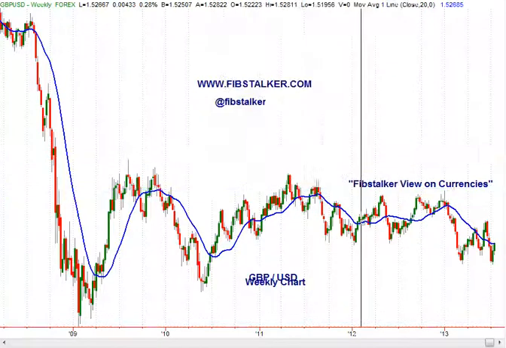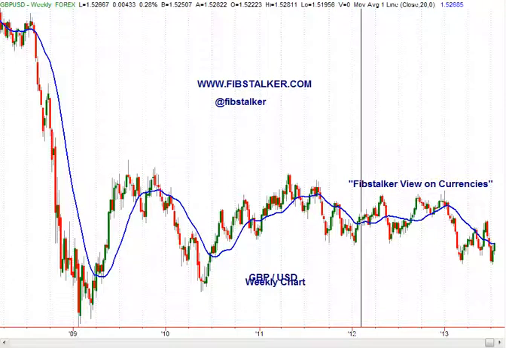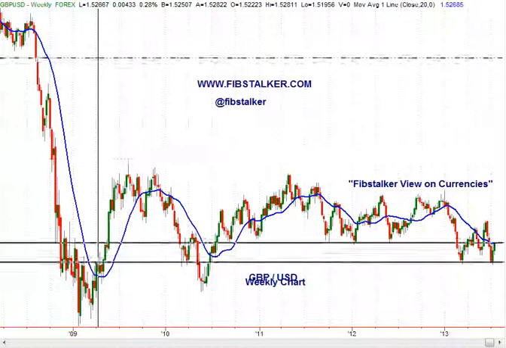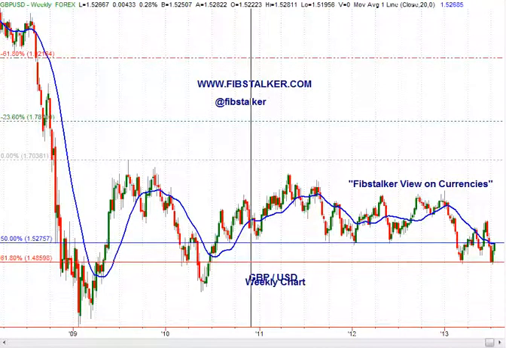I also want you to notice that we have another important area of support, which acted as a support at the end of 2011 and twice in 2012, beginning in mid 2012.